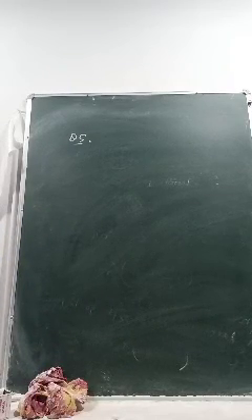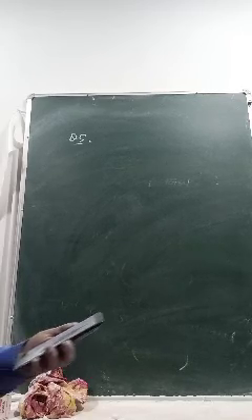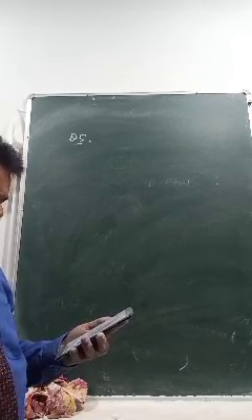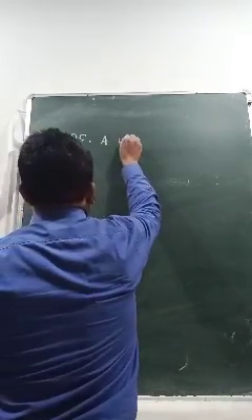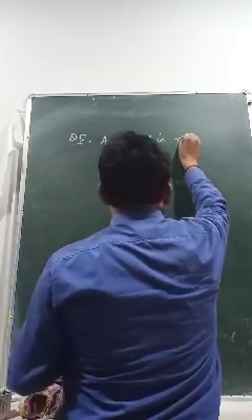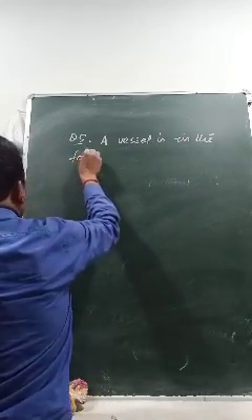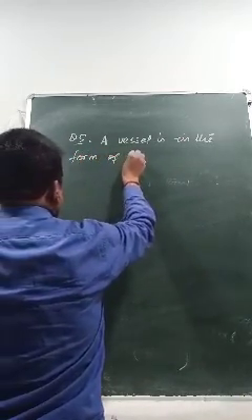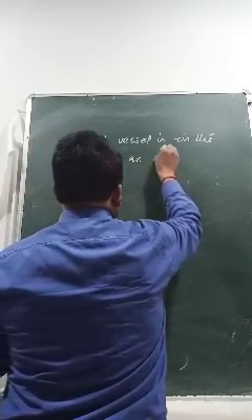So question number 5 is, a vessel is in the form of an inverted cone.